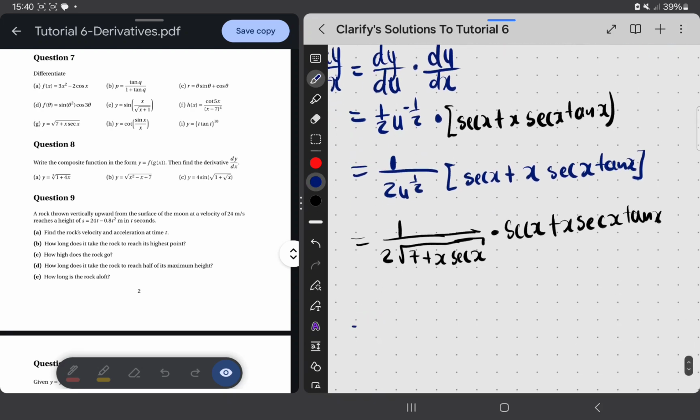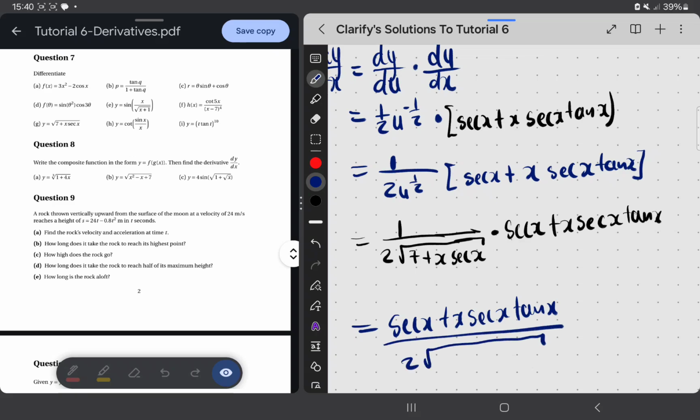All right, now what do we have here? This multiplies the top, so it's just going to be sec x plus x sec x tan x, all over 2 root of 7 plus x sec x. Wow, this is going to be nice.